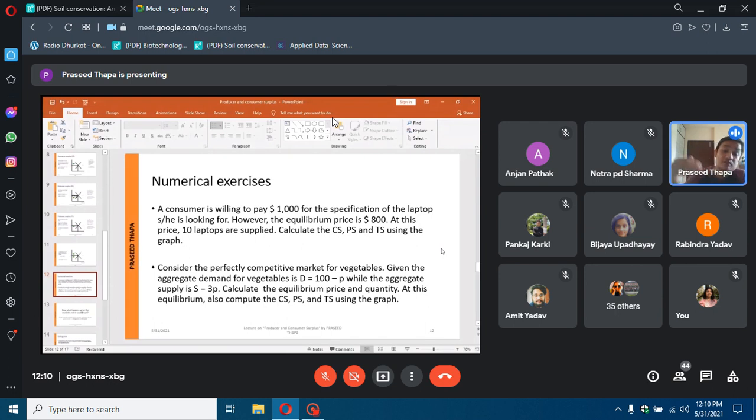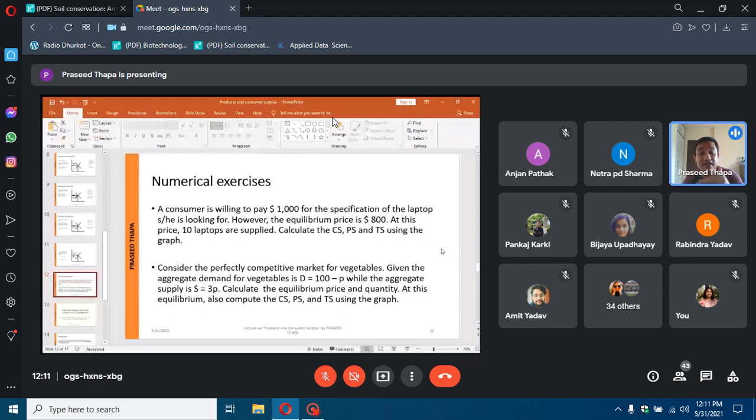Based on this information, you will be able to figure out the graph. D is equal to 100 at the top, and that is the height of the right angle triangle for the consumer surplus above your equilibrium line. The equilibrium price is 25, which we have already calculated. The difference between 100 and 25 is 75. That is your height, and the base is also 75 in the horizontal axis.